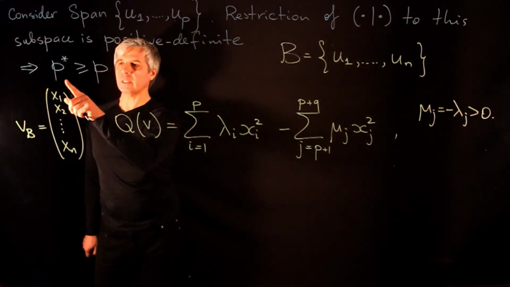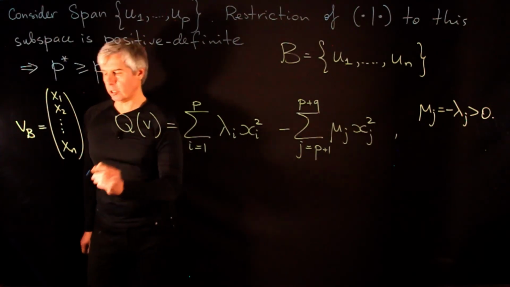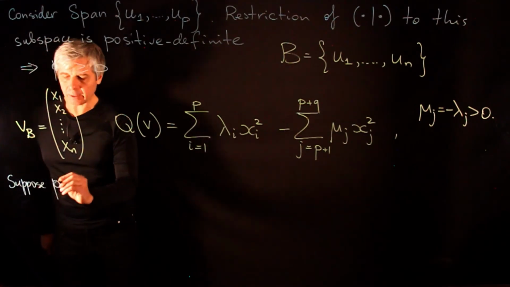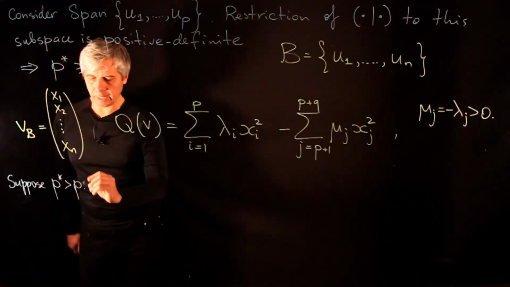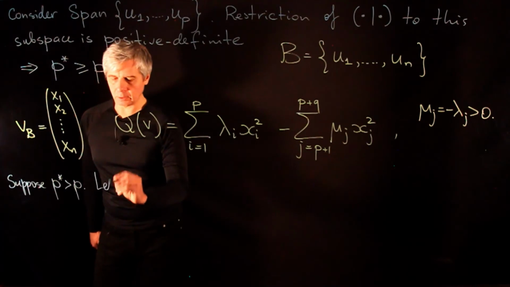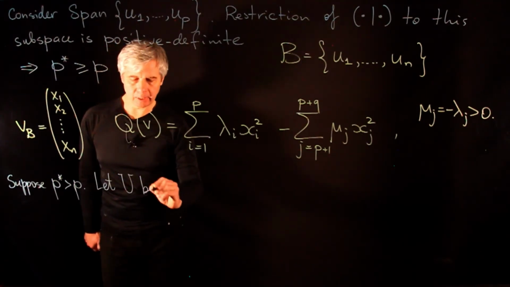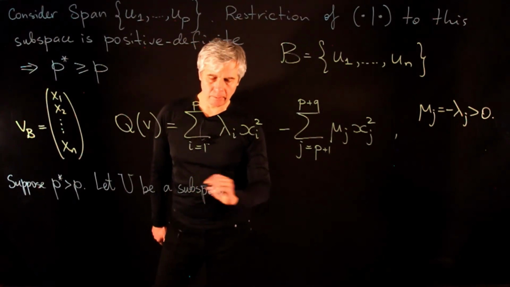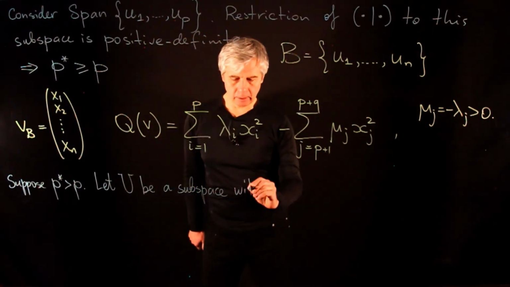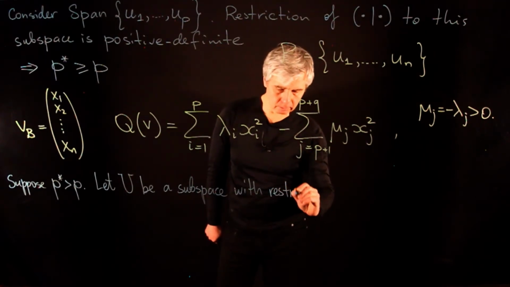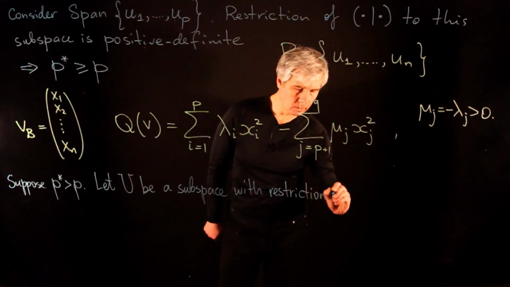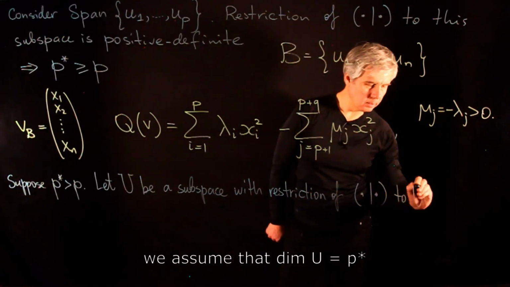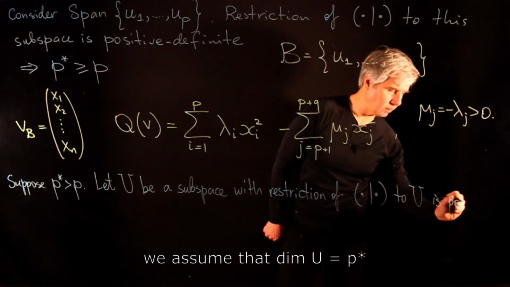Let us show that P star is equal to P by contradiction. Suppose P star is greater than P, and let us choose U to be a subspace such that the restriction of the bilinear form to U is positive definite.